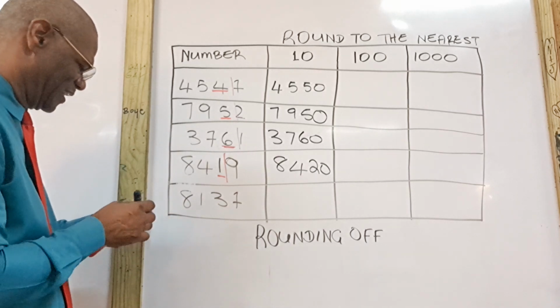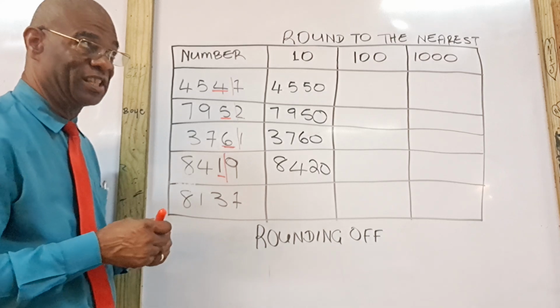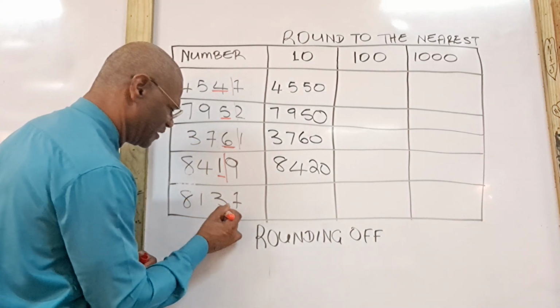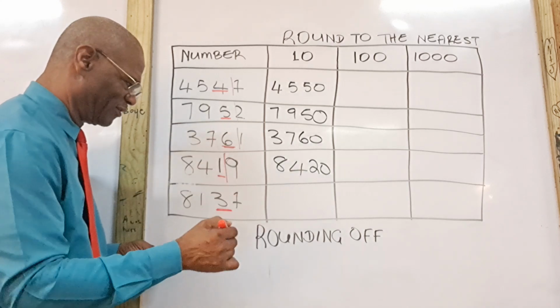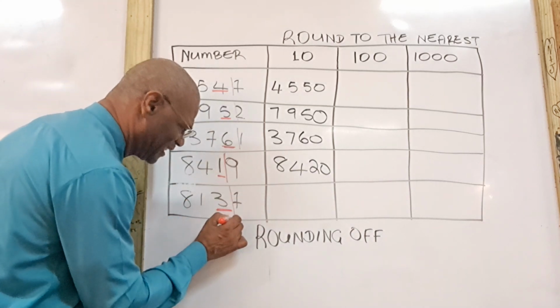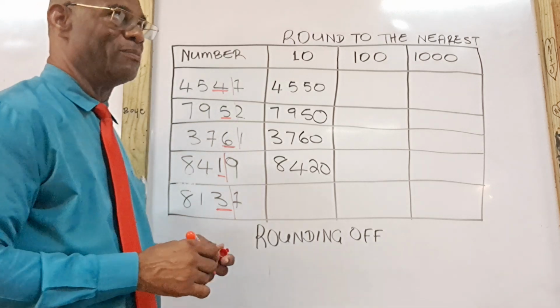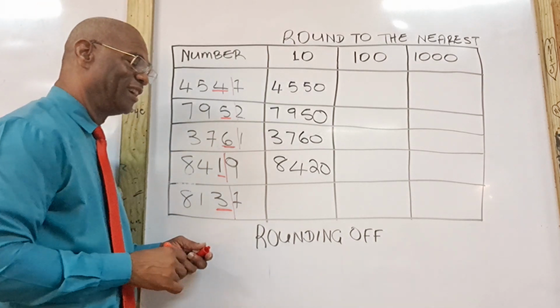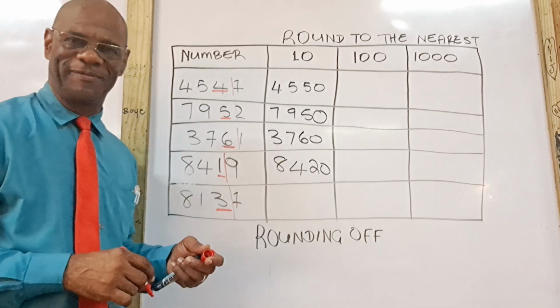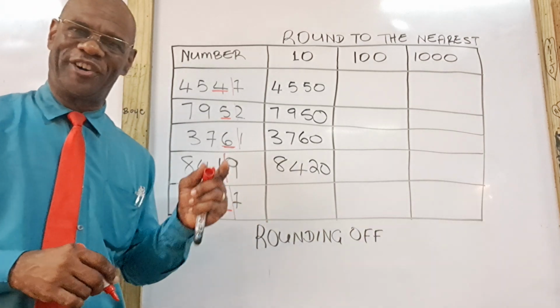Now this one we have 8,137. Alright, now we identify the digit in the tens place. That digit is 3. Alright? Now we look to the right of it, exactly to the right of it. The first digit is 7. Now we must determine if that digit is 5 or more or less than 5.